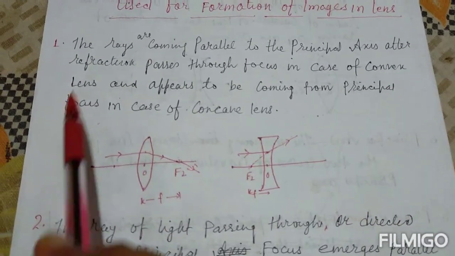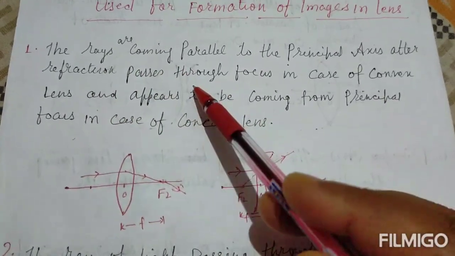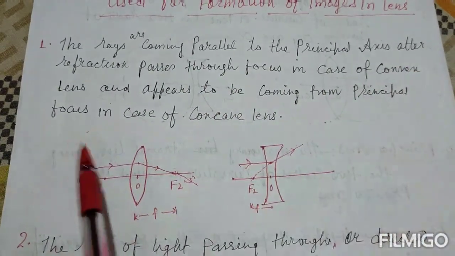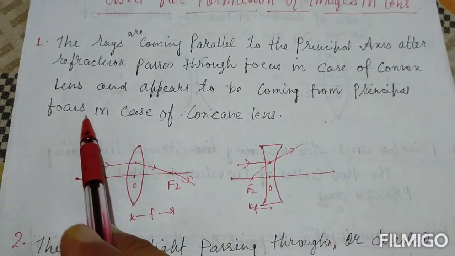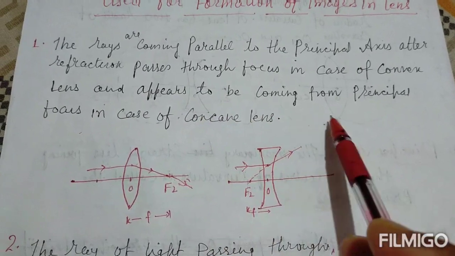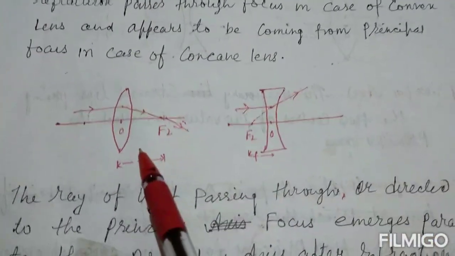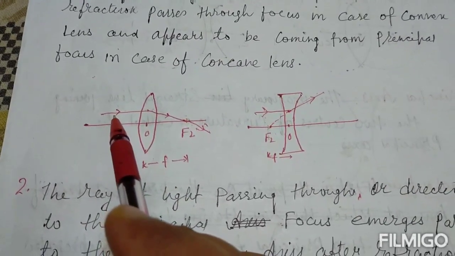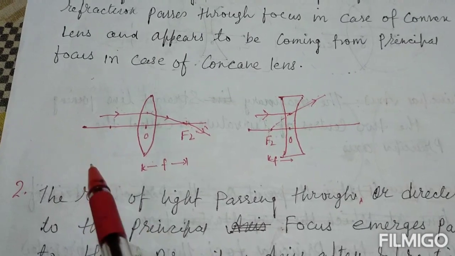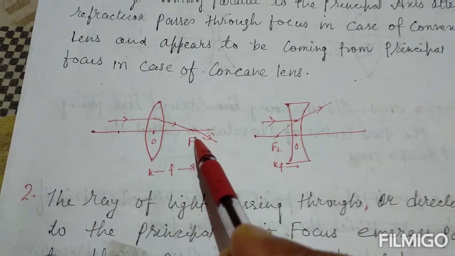So let us see. The first is the rays coming parallel to the principal axis. After refraction they pass through the focus in case of a convex lens, and appear to be coming from the principal focus in case of a concave lens. See in this figure, this is a convex lens, a ray of light coming from infinity parallel to the principal axis. After refraction it passes through the focus.